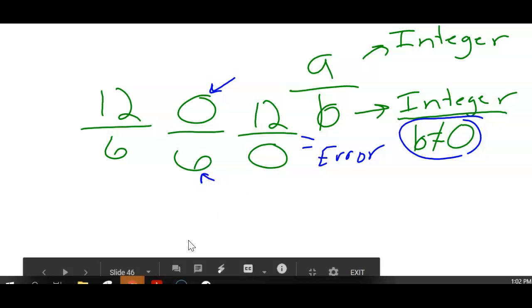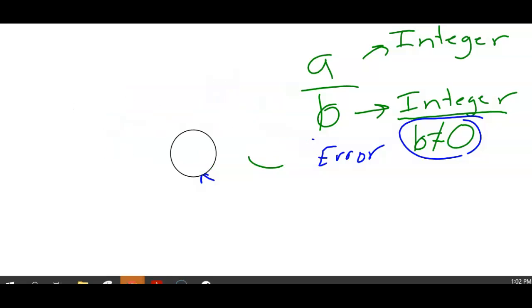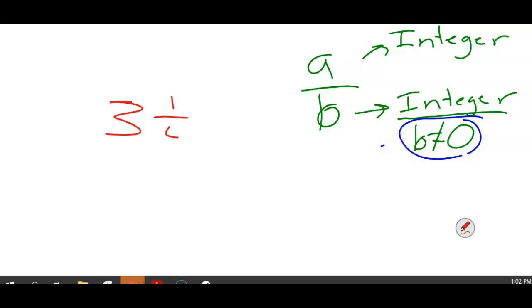Okay, I have one more example I want you to try. Is 3 1/4 a rational number? Yeah, I see a lot of thumbs up. My next question, is this an integer?